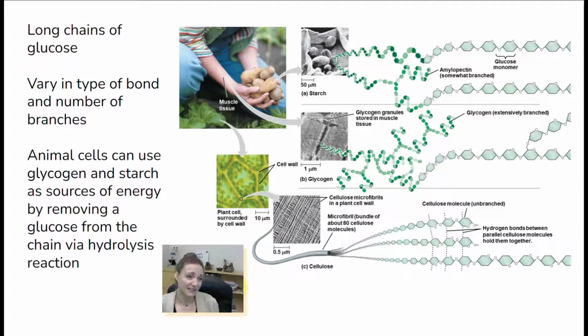But they're going to vary in the number of glucose in these chains and the type of bond that's there, and if it's an alpha or beta glucose. So let's take for instance a potato. Potatoes are a starchy vegetable, right? That starch that's in potatoes, that's a really great source of calories for us, is from amylose.